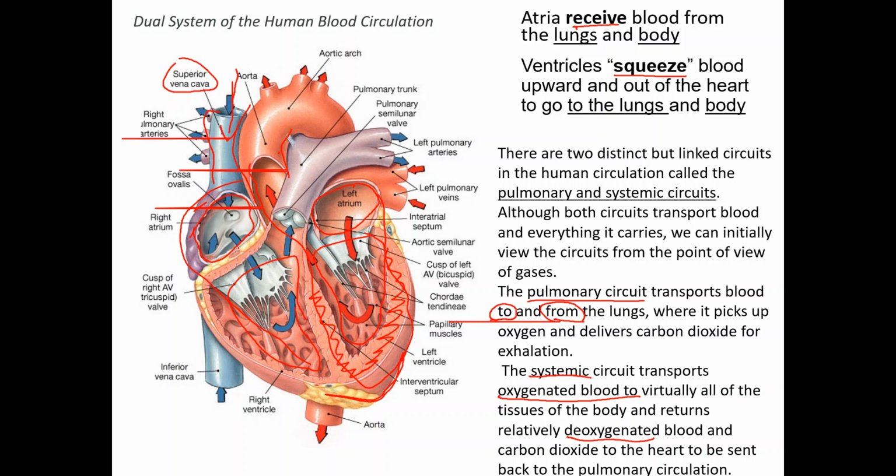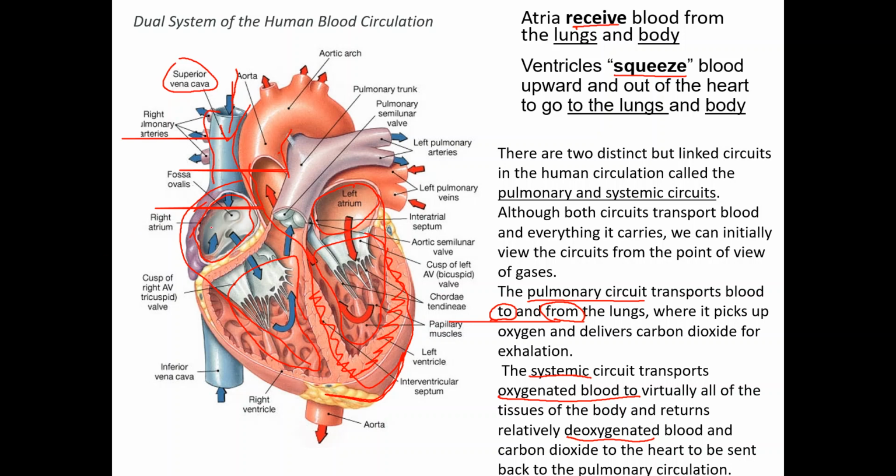That's the first receiving chamber, the first one we're going to look at, because you can start the circulation from wherever you want. It's a circulation. There is no beginning or end, really. You decide where you want to start from.